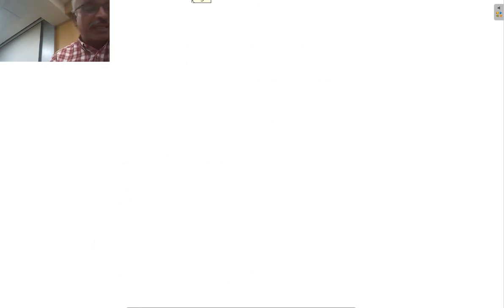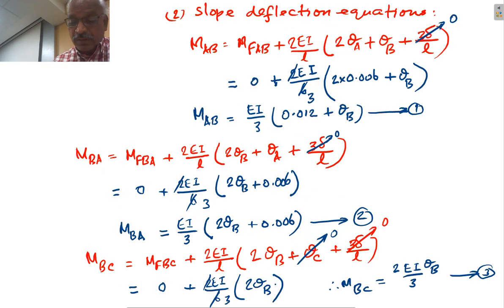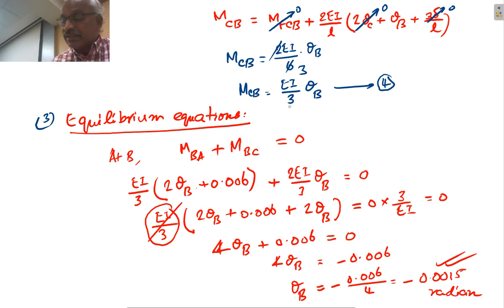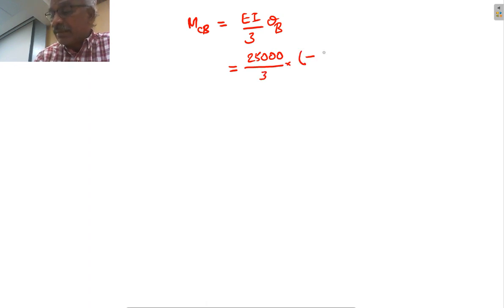Now coming to MCB. MCB equal to EI by 3 into theta B. EI is given as 25,000 by 3 and theta B is minus 0.0015.